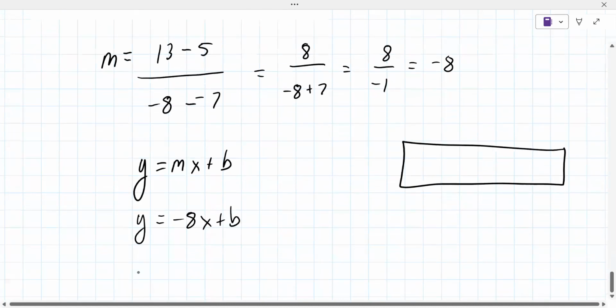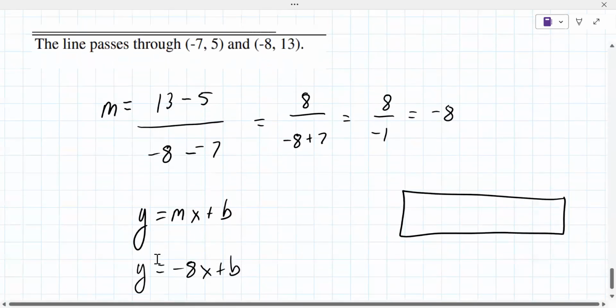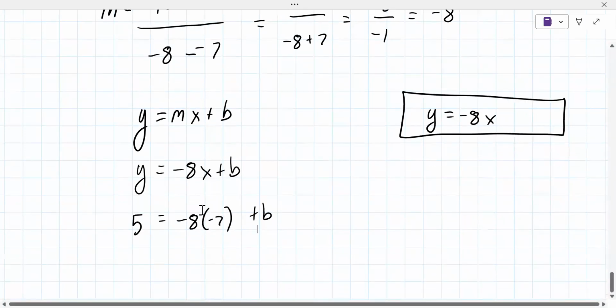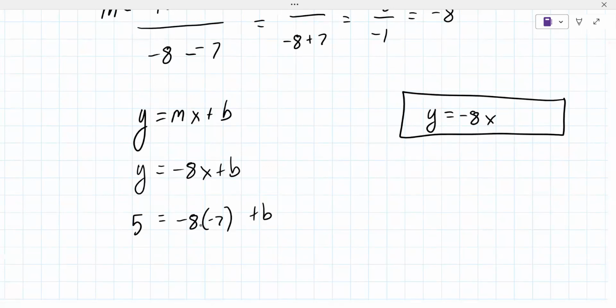So is it y equals -8x plus -51? Okay, so 8 times 7 is 56. And you said -51, and you got it correct.